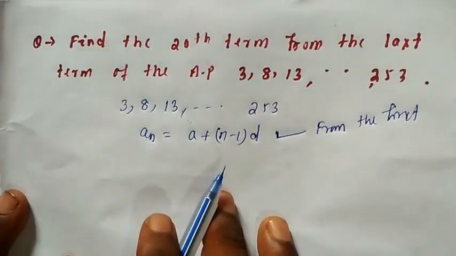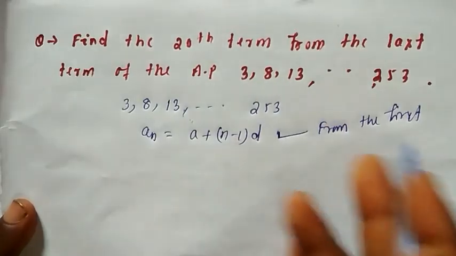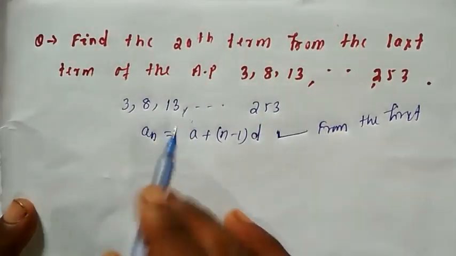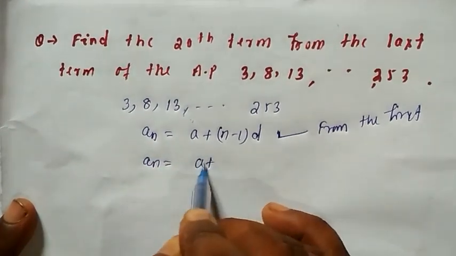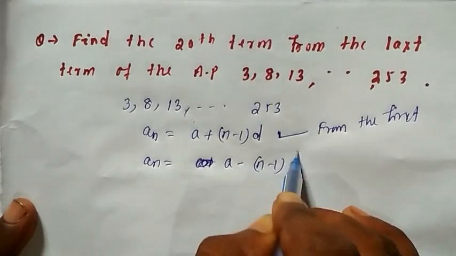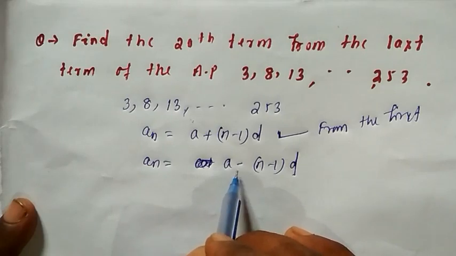If the question is asking how to find the 20th term or 25th term from the last, the formula is an = a - (n - 1) d. Only in place of the plus sign you have to write a minus sign.